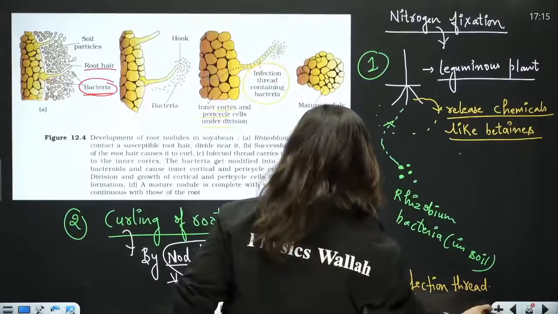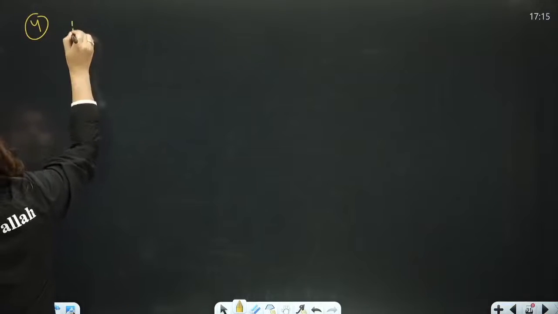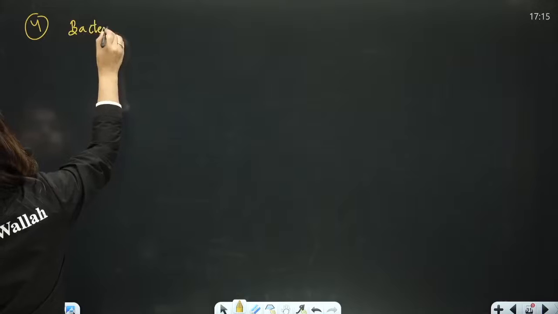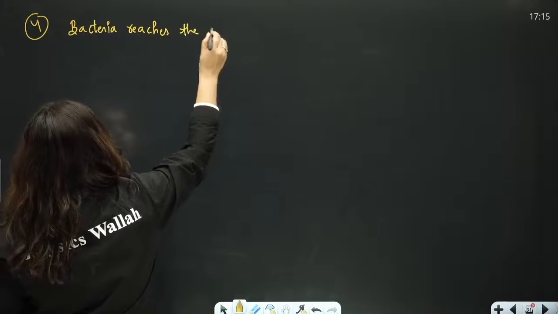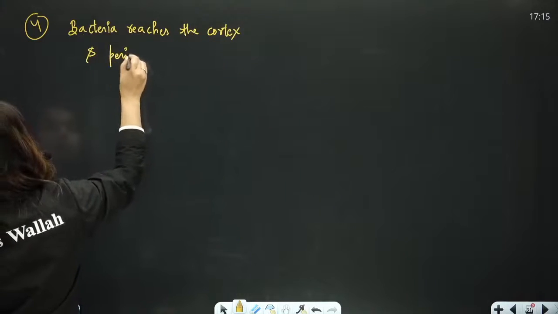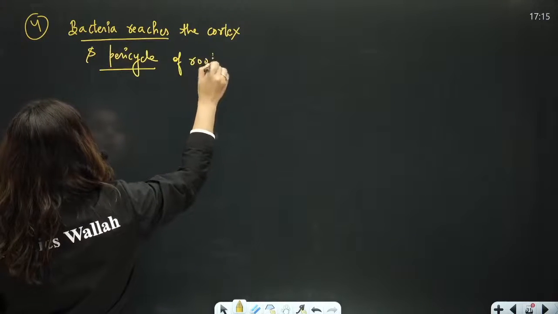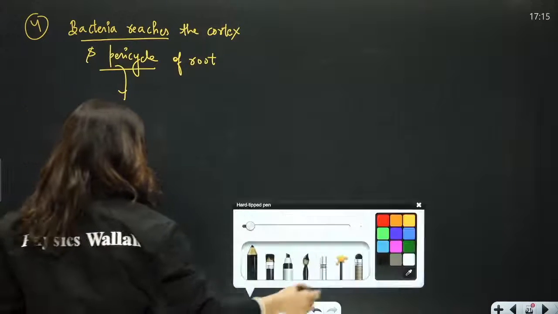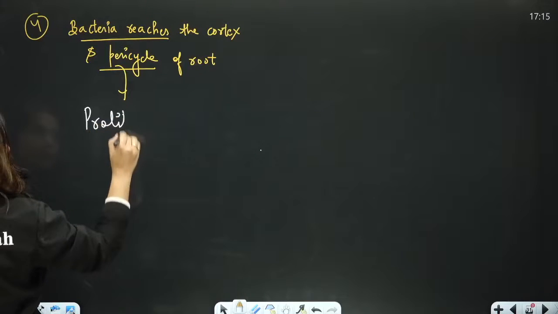So the fourth step: bacteria reaches the cortex and pericycle of the root, and what happens over there?